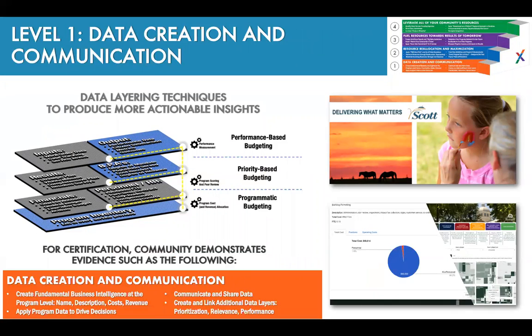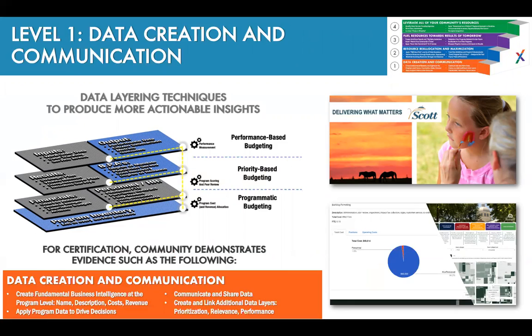Level 1 simply means we're going to use the data to improve the way that we communicate about budget information, about the programs that we provide, how much they cost. We're going to use this data to the greatest extent possible to tell our story in a different way.